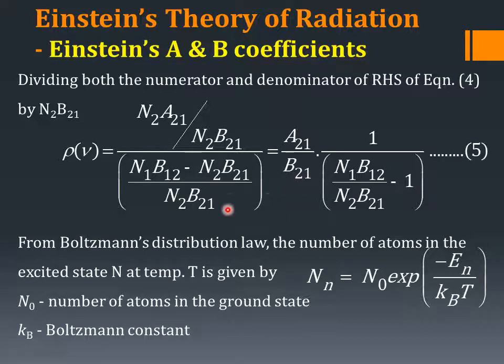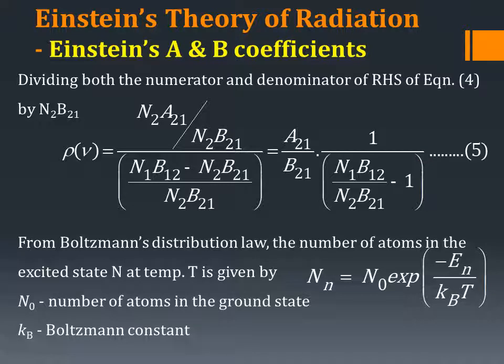Next, the division of the denominator terms gives us N1 B12 divided by N2 B21 minus 1. The reason why we have a 1 here is that N2 B21 and N2 B21 in the numerator and denominator get cancelled with each other. This equation we call as equation 5.